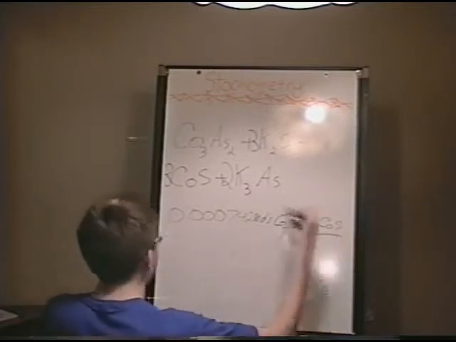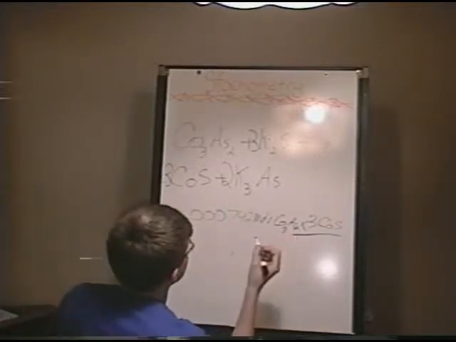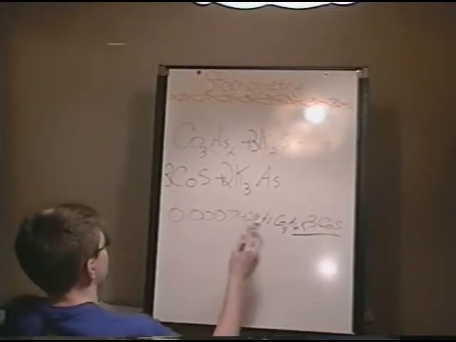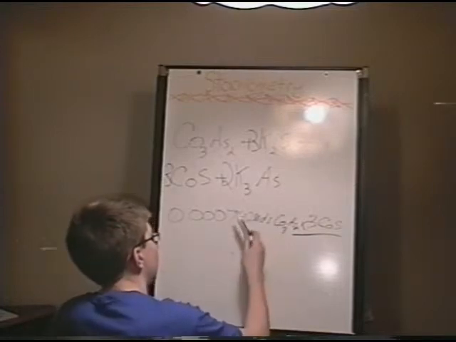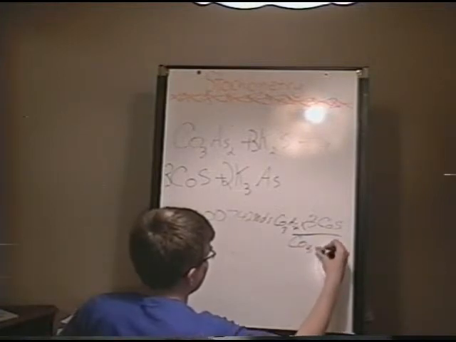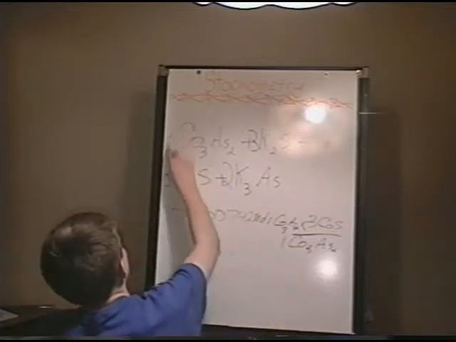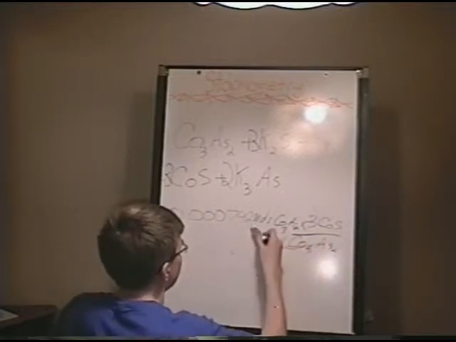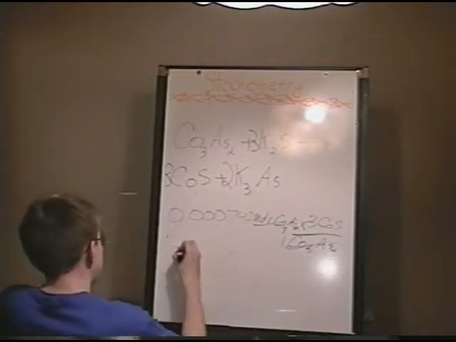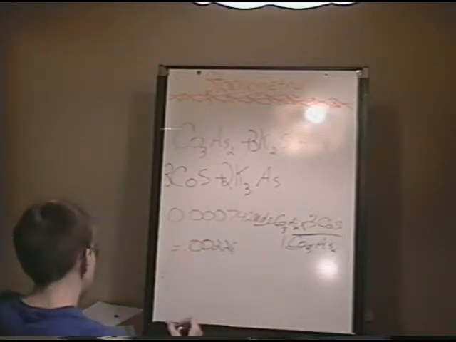You then divide by what you're multiplying by here, which is Co3As2. And you have 1 mole of that, as seen up here. These then cancel out, and you can multiply by 3 and divide by 1, which should give you 0.00226. That is your moles of CoS.